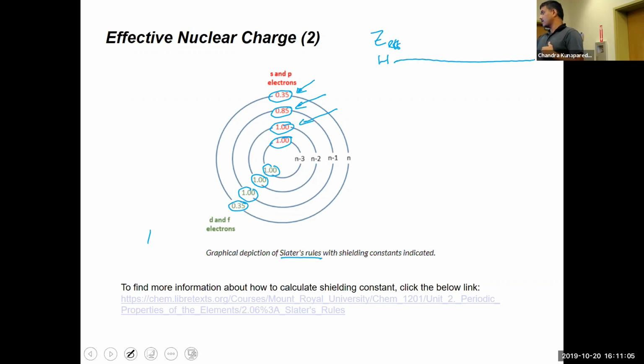From left to right, it increases. And from top to bottom, it increases. So this is the trend you need to know. And we are going to refer to this Z effective trend in the periodic table whenever I speak about ionization energy, electron affinity, and ionic radius.